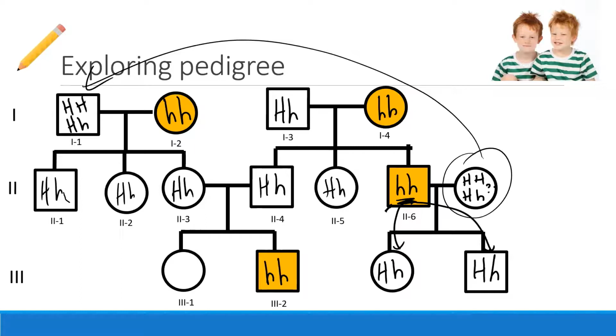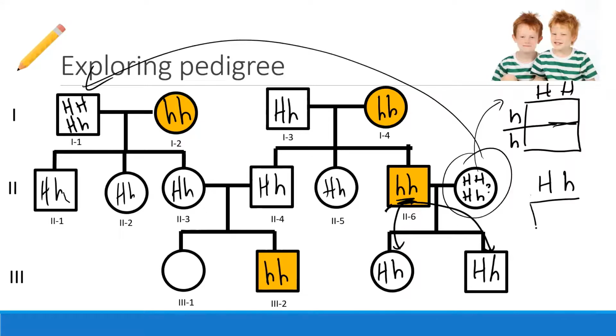Let's actually look at that for a second, just really briefly. Let's take those two scenarios. Here is the scenario where she's capital HH, and here is the scenario where she's capital H, lowercase h.